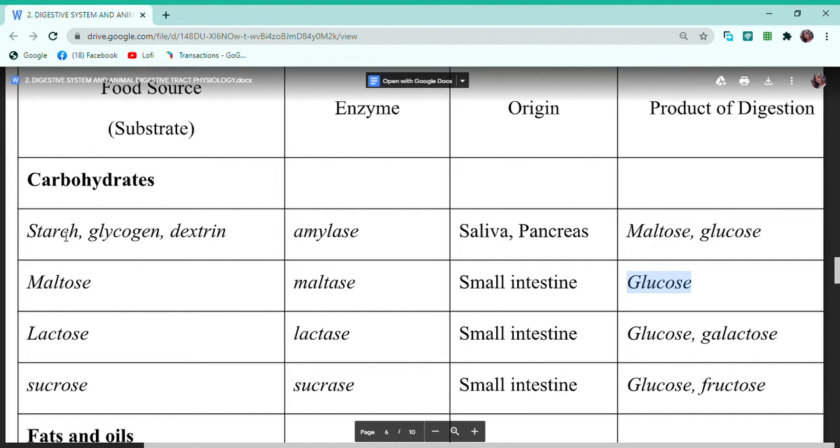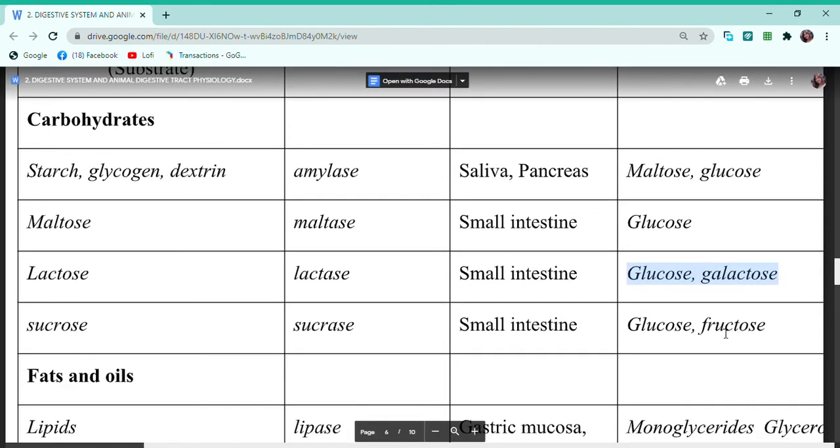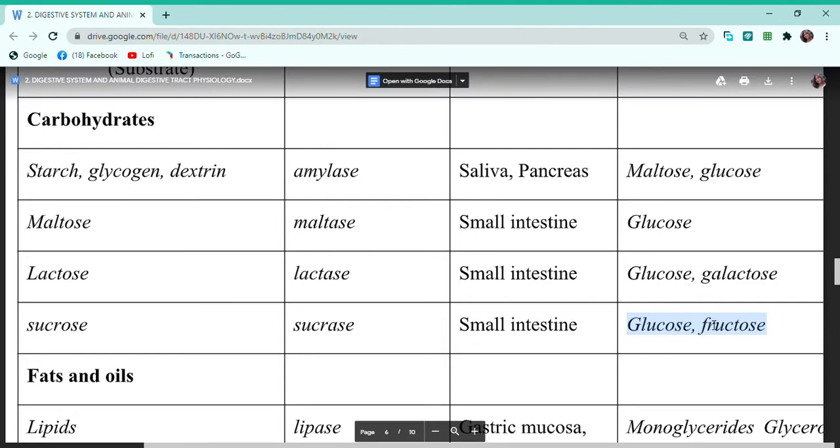Okay? And if the substrate of carbohydrate is lactose, it will be acted upon by lactase from the small intestine, and the product of digestion is glucose and galactose. And if the substrate of the carbohydrate is sucrose, it will be acted upon by sucrase from the small intestine, and the product of digestion is glucose and fructose.